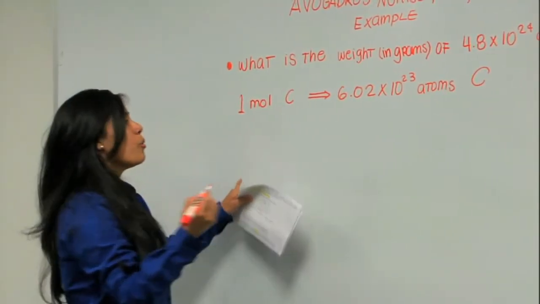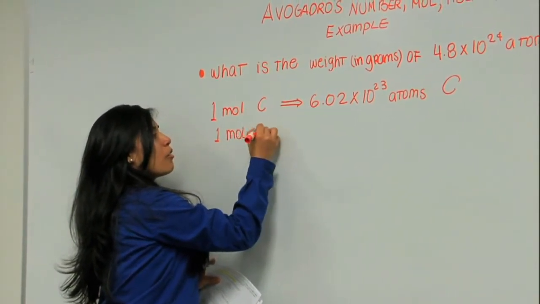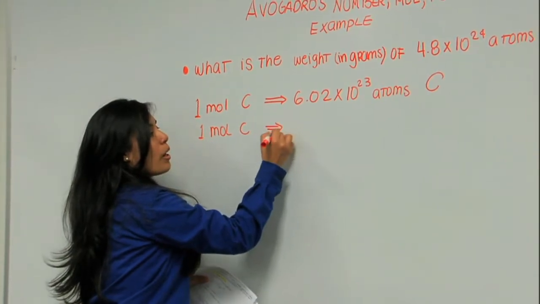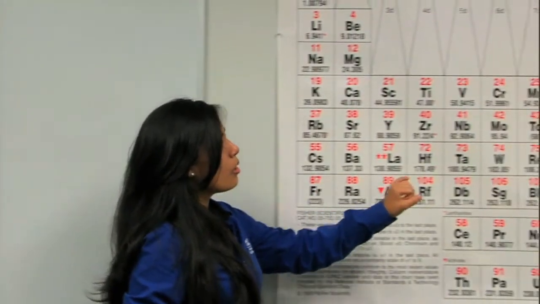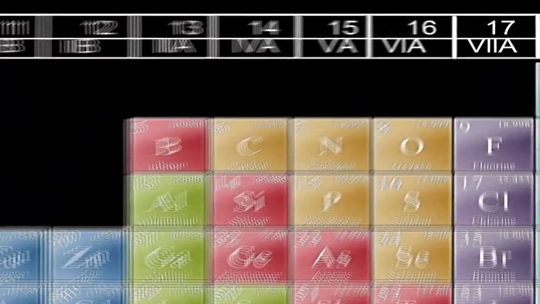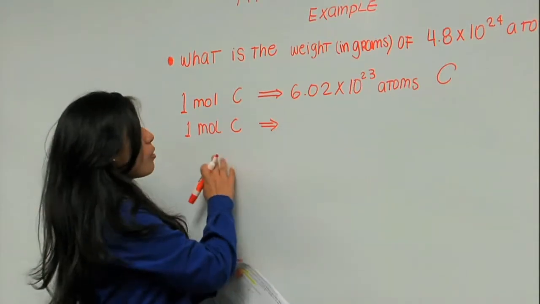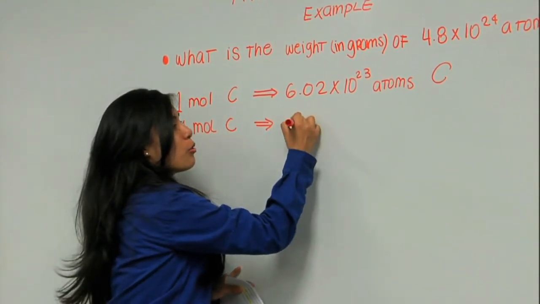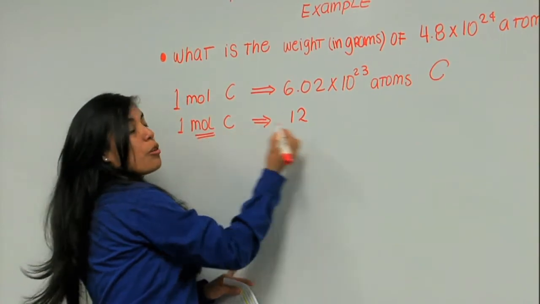You also know that 1 mole of carbon weighs, we go to the periodic table, we look at the mass here, which is 12.011. For practical purposes, we're just going to say 12, okay? So 1 mole of carbon weighs 12, and because it's mole, it's going to be grams.